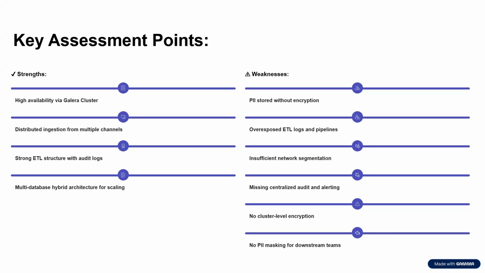Like today we discussed, we have logs for every failure, for every success, so it is easy to debug if we run into some issue. Then we have a multi-database hybrid architecture for scaling. Like we have NoSQL, MariaDB all together running in a single architecture. So polyglot persistence.